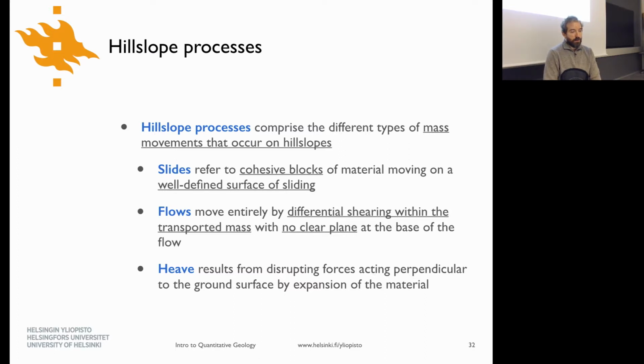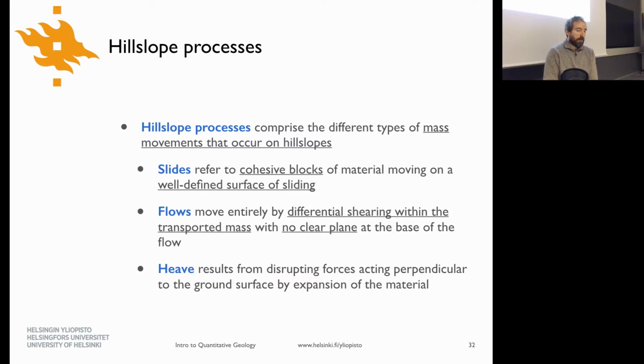But then there are also flows, so debris flows and other types of mass movements where you don't have a coherent piece of material sliding down, but a mixture of stuff that's basically rolling down the hill slope, and there's no obvious plane of weakness where the material has detached.